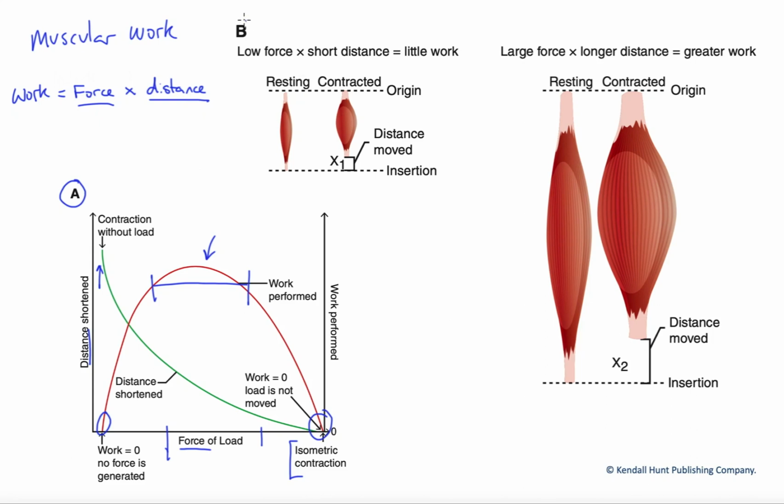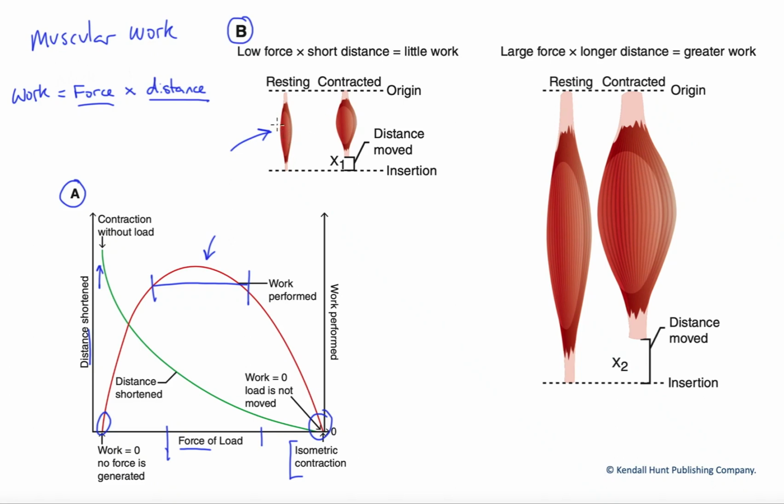Let's move over here to B. What we see is we're comparing two different muscles. Again, looking at work, what we want to see is that a small muscle here in the first part of B, this very small muscle in the relaxed state first, is going to generate very little force.